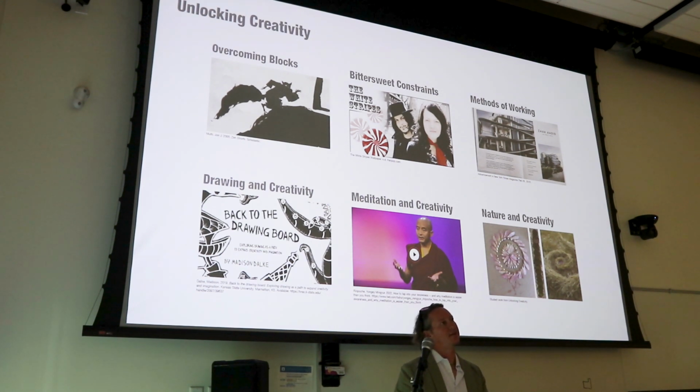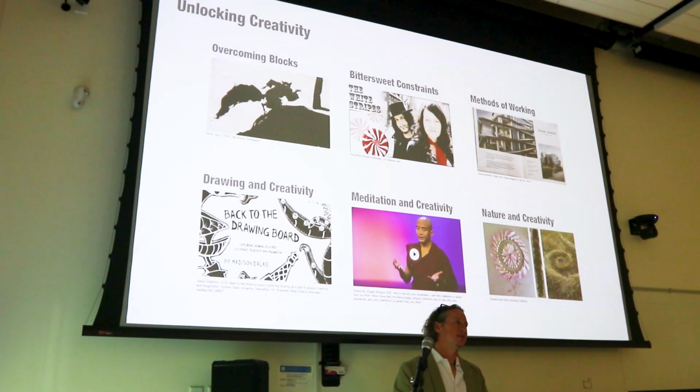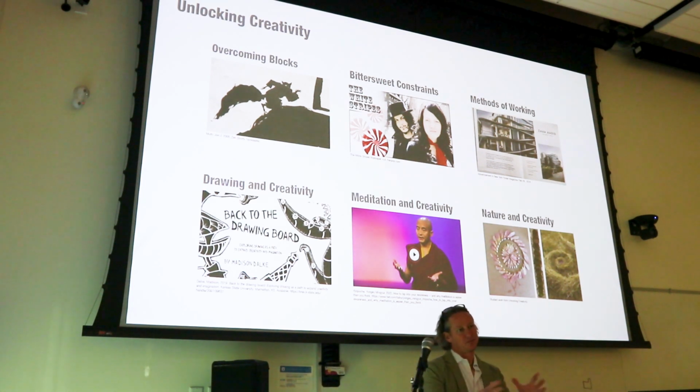I also have students work in small groups on something that's completely unrelated to their studio project. One exercise I like to do, and they don't know I'm going to do this, is I'll put them into a group of other people from other times in history.